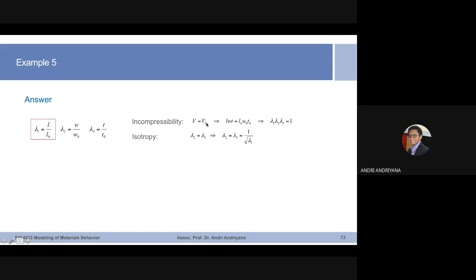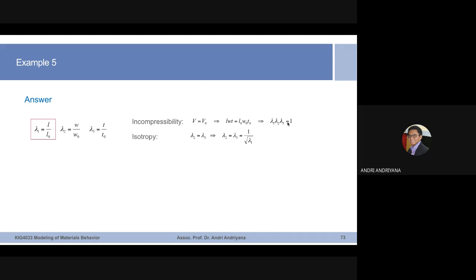V equal to V0, so L W T equal to L0 W0 T0, and if we rearrange, we have lambda 1 times lambda 2 times lambda 3 equal to 1. That is from incompressibility, something that we have done last week.